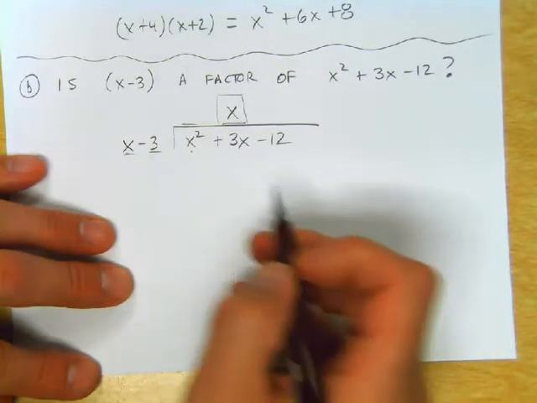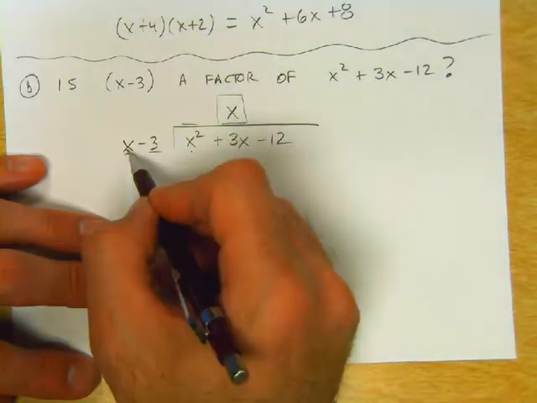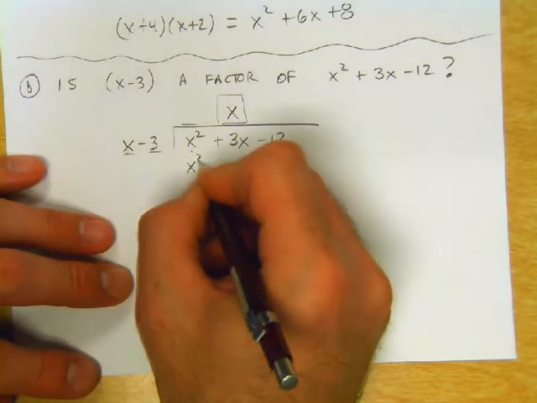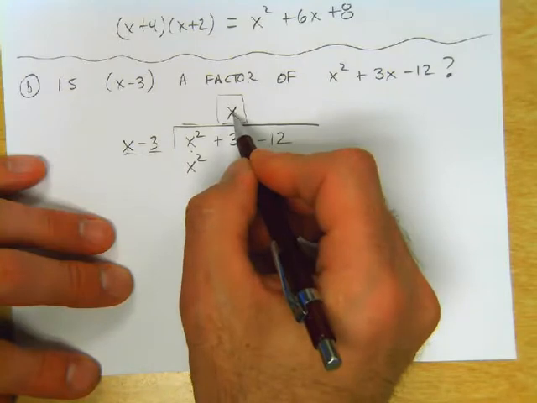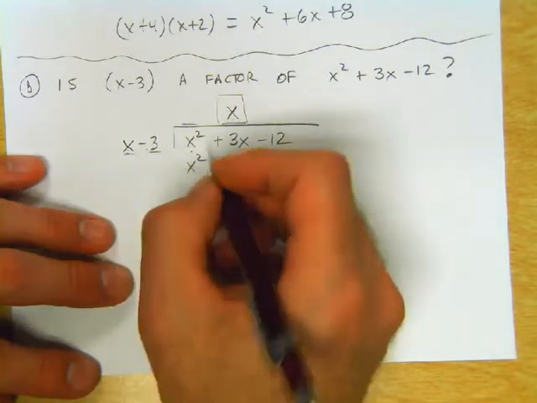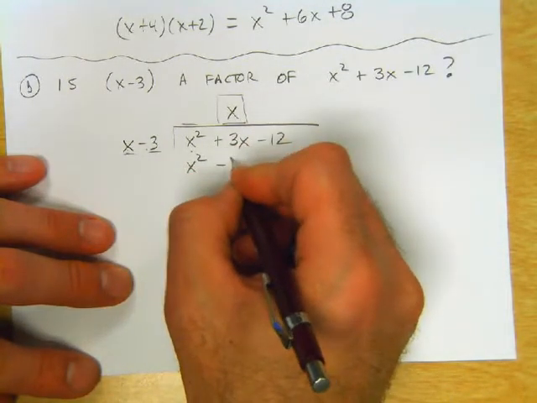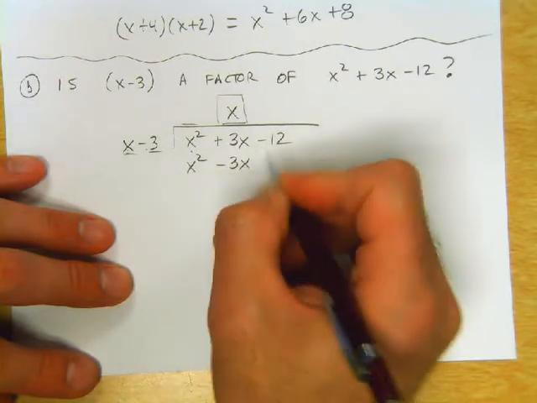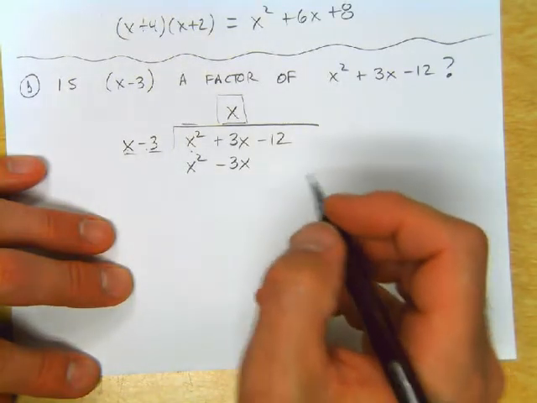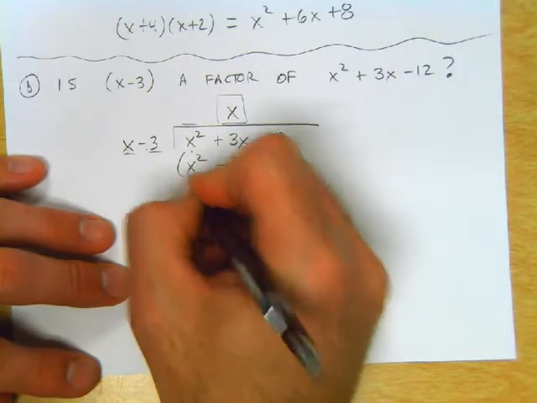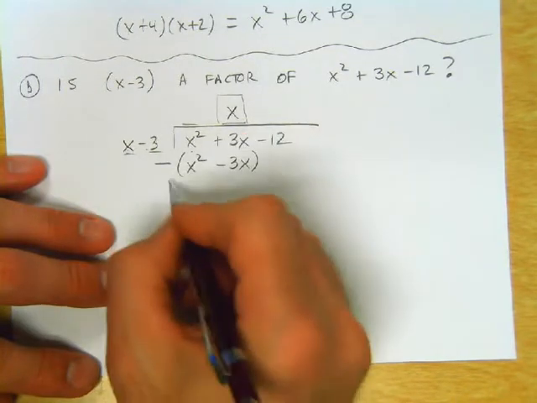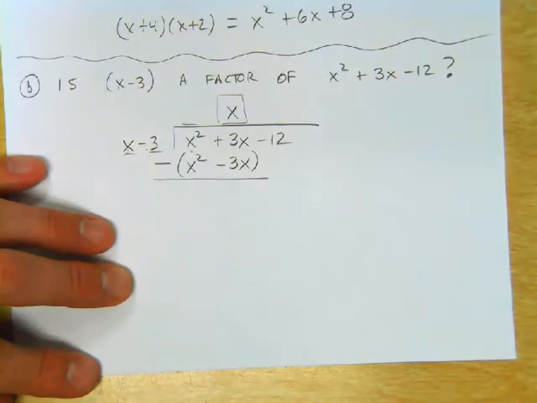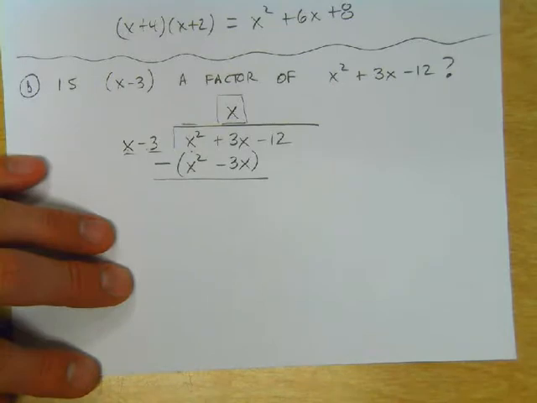X times negative 3 is negative 3x. Put this in parentheses and subtract. X squared minus x squared is 0.